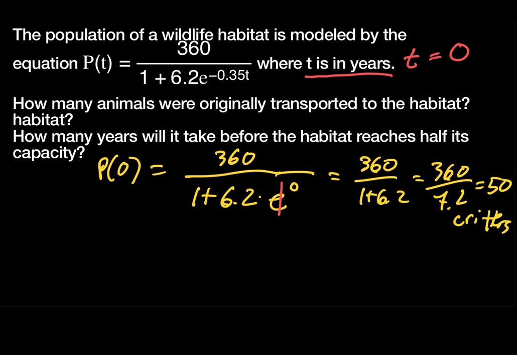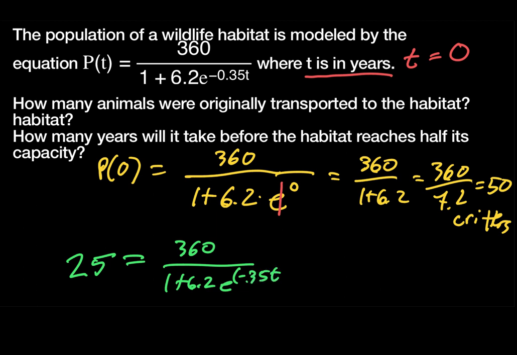All right. And then the question says, how many years will it take before the habitat reaches half its capacity? So now I want my final amount to be 25 equals 360 over 1 plus 6.2 e to the negative 0.35 t.